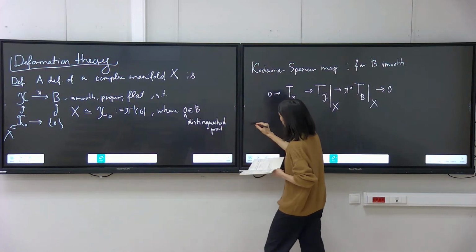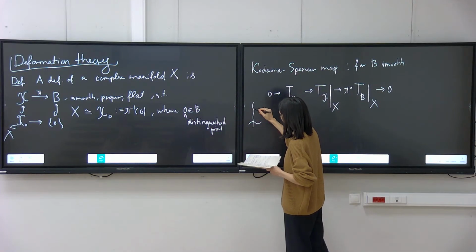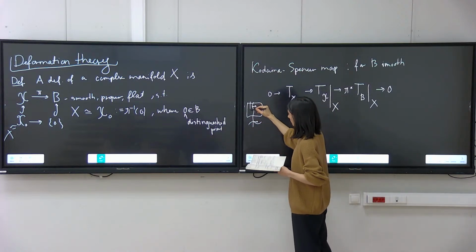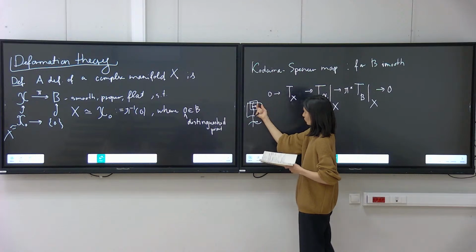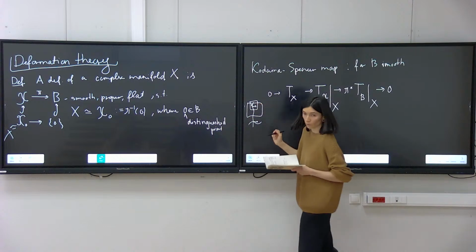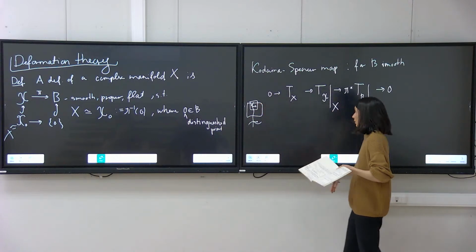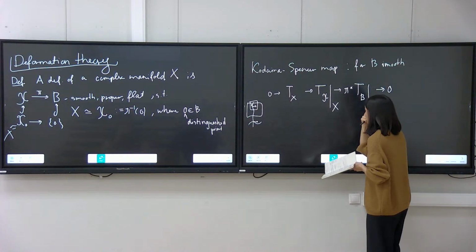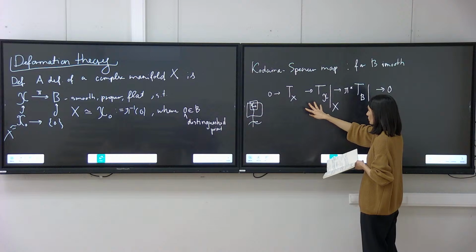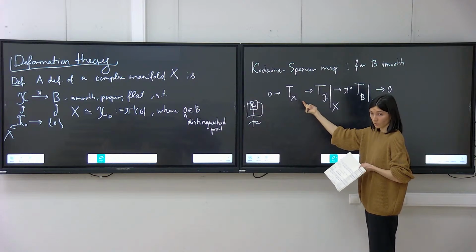So we have a fiber. If we pull back the tangent bundle from the base, and here is the tangent bundle to X, in the kernel we will obtain exactly the tangent bundle to our fiber, right? Okay. Maybe for someone it will be easier to work with the dual sequence with Kähler differentials and relative Kähler differentials.